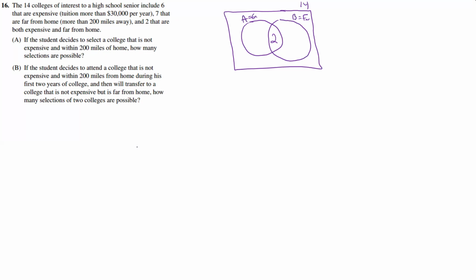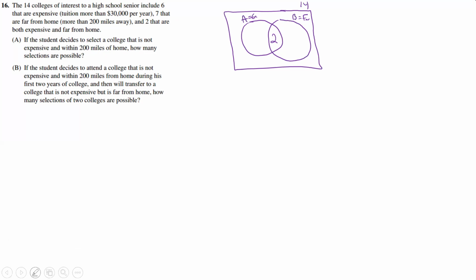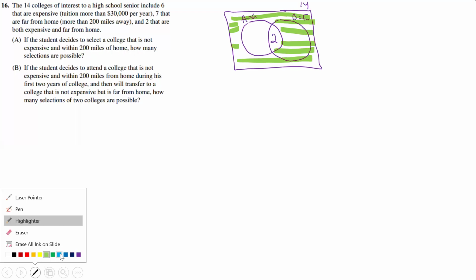Well, if it's not expensive, maybe we should change colors here. Let's do a highlighter and turn it to green. So we want not expensive, so it's going to be somewhere out in this area here. And we want it to be within 200 miles from home, so let's change it to a blue.